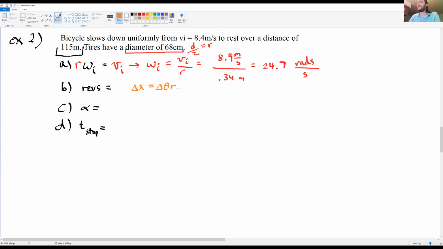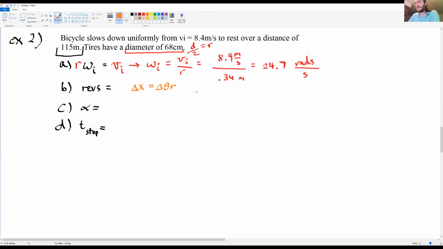This is the equation that says the total distance that you travel in the x direction is related to the distance that you go around the tire, right? Because the tire is making contact with that road, and there's no slipping. So the amount that you go around the tire is going to be related to the amount that you travel forward.